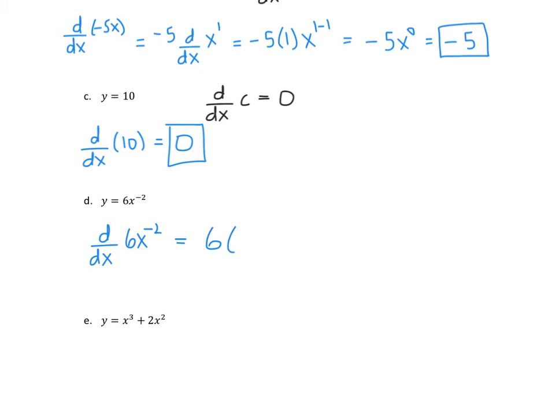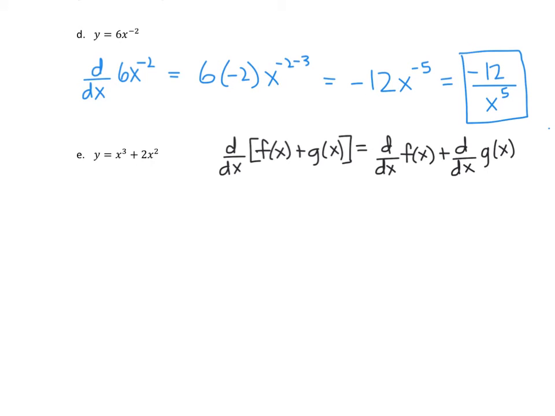We bring the exponent out in front, and then we subtract 1 from the exponent. Simplifying, we have negative 12x to the negative 5. Or if you prefer, and you want to get rid of that negative exponent, we can write this as negative 12 over x to the 5th.